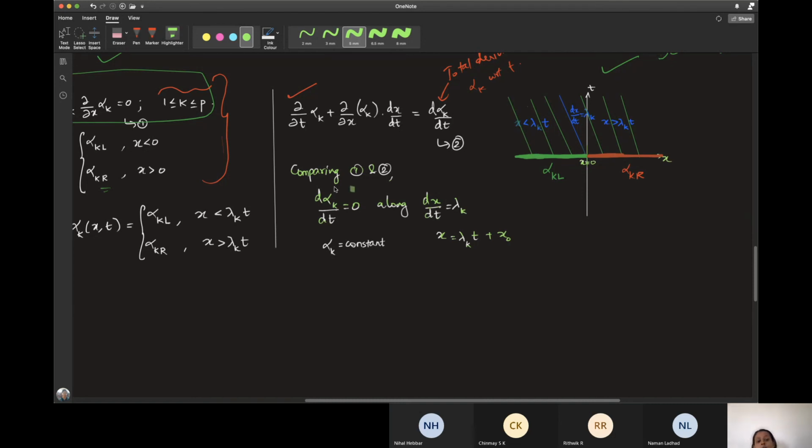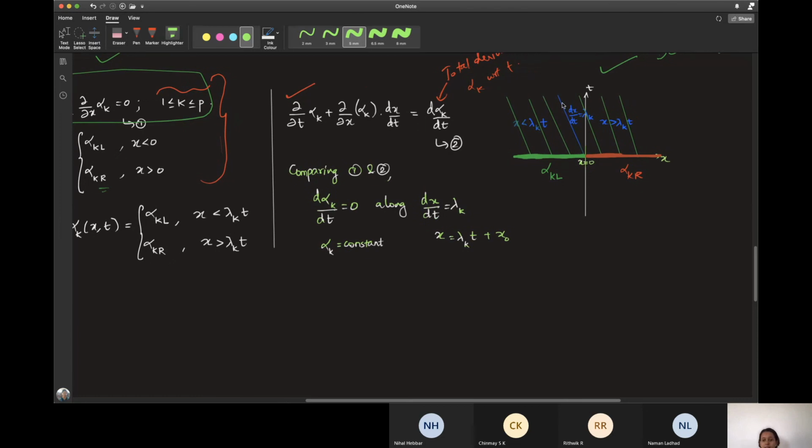That is, for this ODE, this is the solution. So along each of these lines, whatever the initial condition was will prevail for all times, which means that you have some kind of a traveling wave.